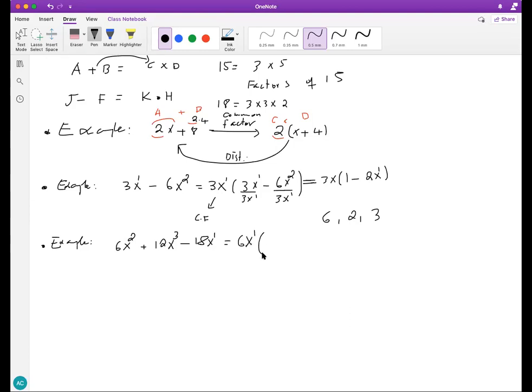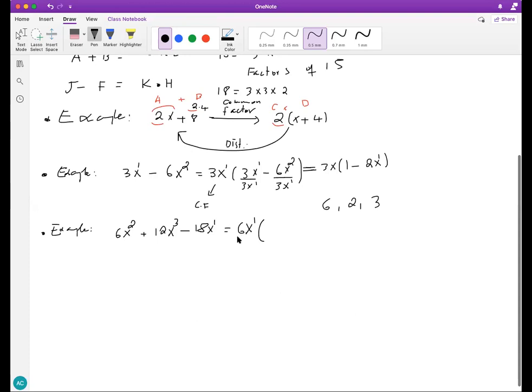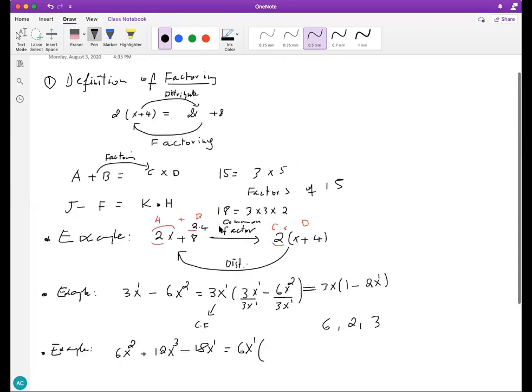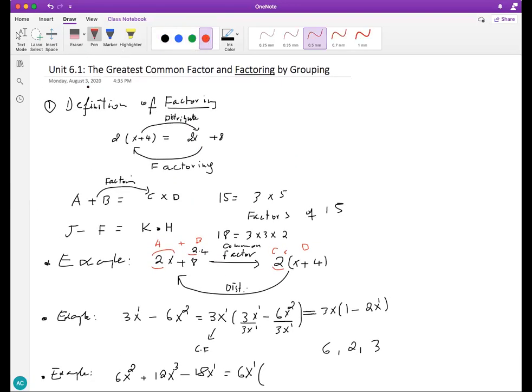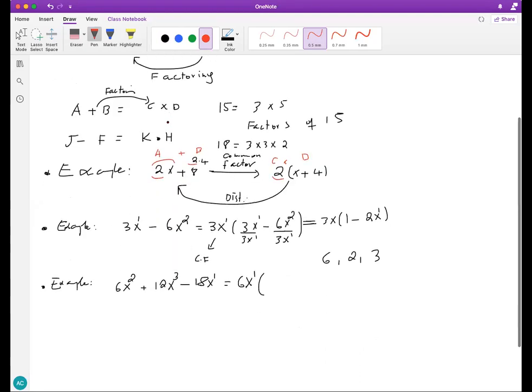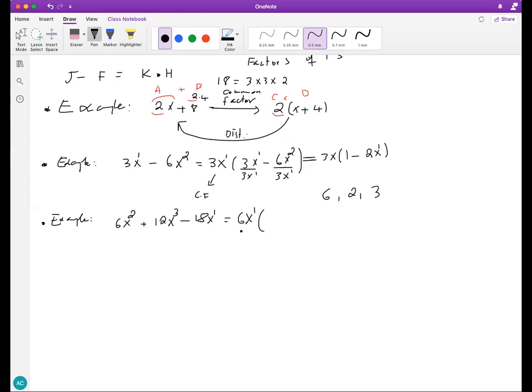Then you open your parentheses right away. So this is what we call the GCF, the greatest common factor. The abbreviation we're going to be using from now on is GCF. What do we do now after you find the GCF?